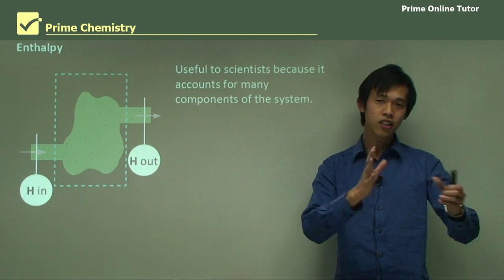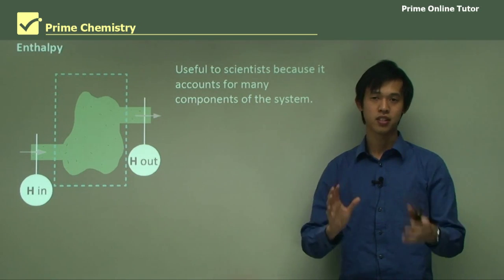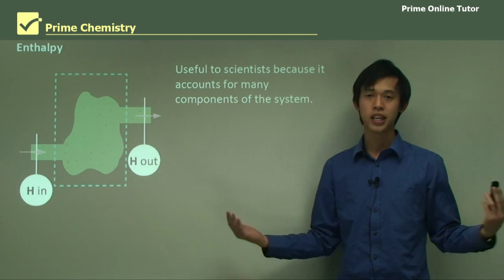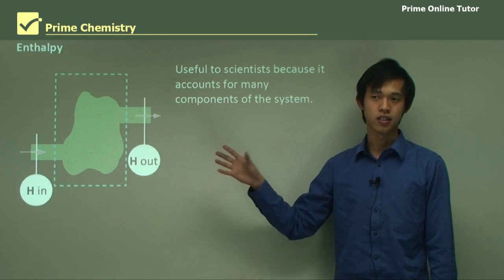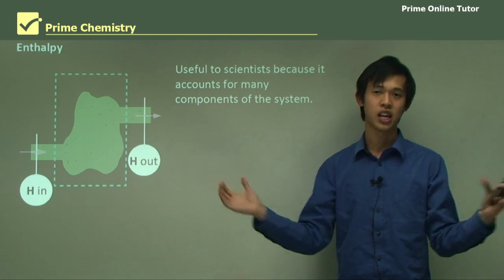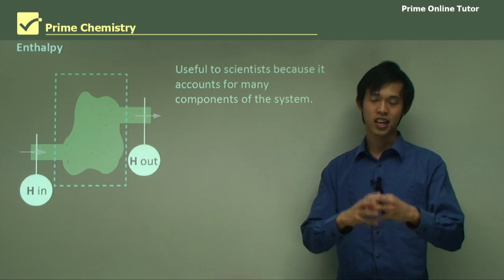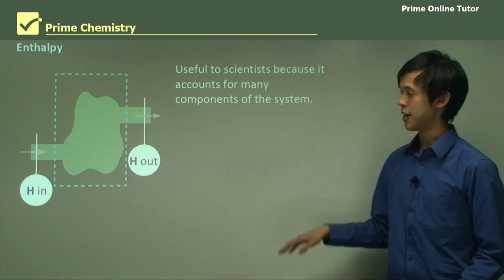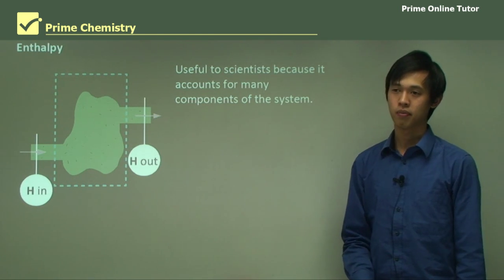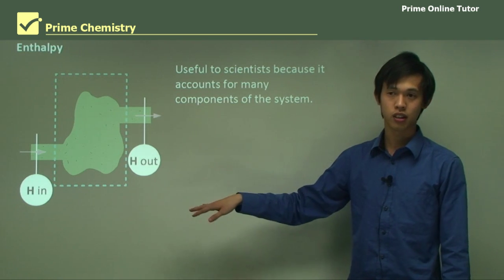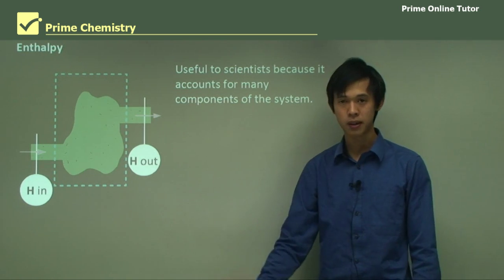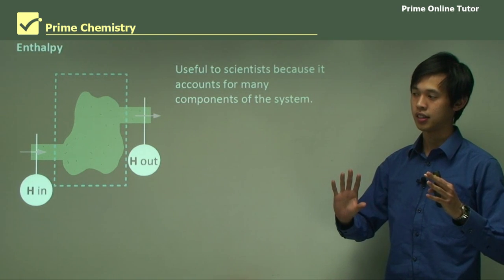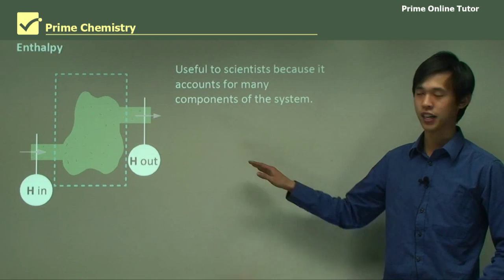All of these different energies inputted and outputted can be accounted for with enthalpy. That's why it's convenient, because we just want to lump all the energies together and say, this is the final number. It's much easier to deal with. Personally, I think it's a very useful property, but it does get a bit confusing when people don't define it very well.